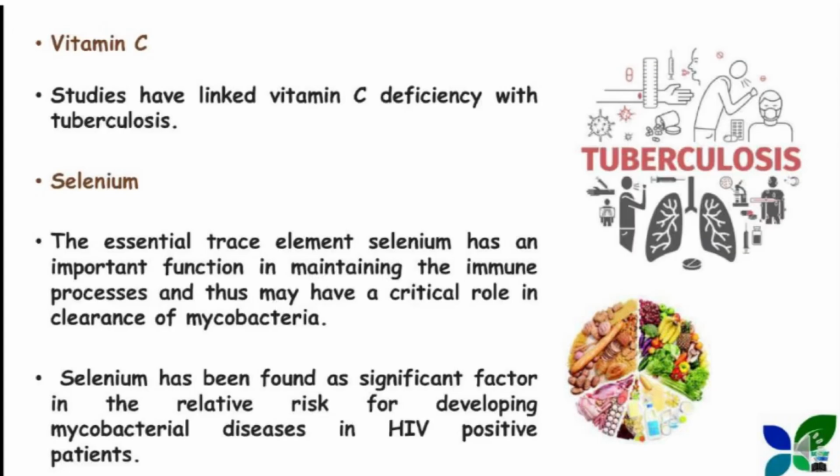Selenium, the essential trace element. Selenium has an important function in maintaining the immune process and thus may have a critical role in clearance of mycobacteria. Selenium has been found to be a significant factor in the relative risk for developing mycobacterial disease in HIV positive patients.